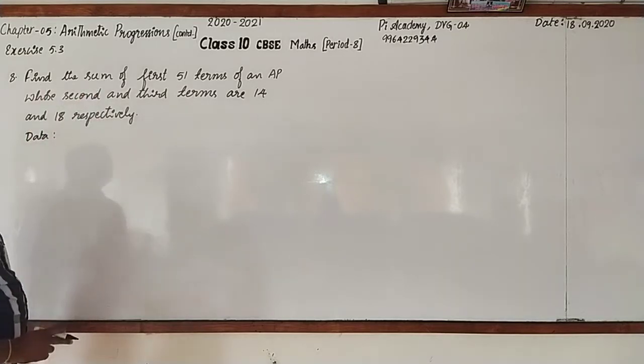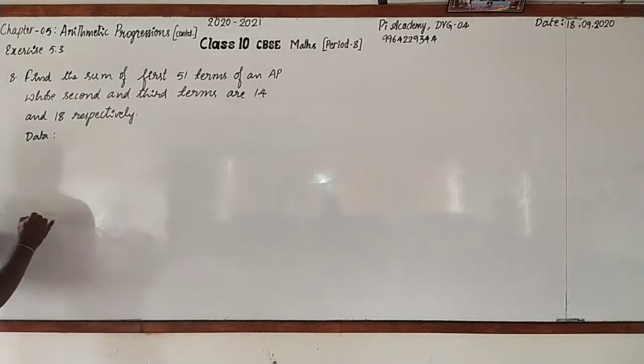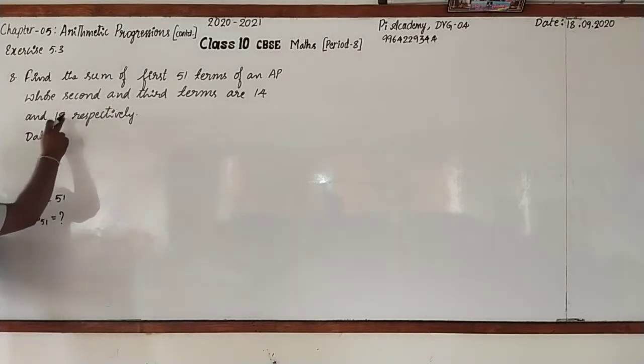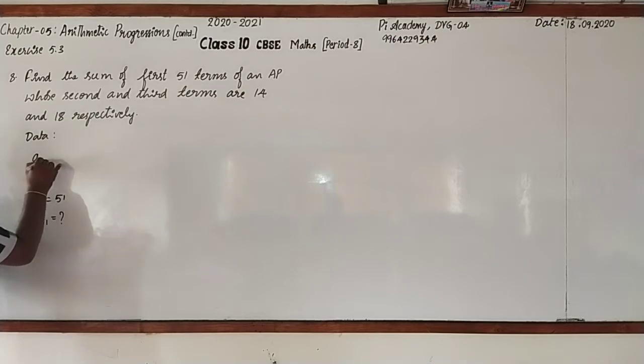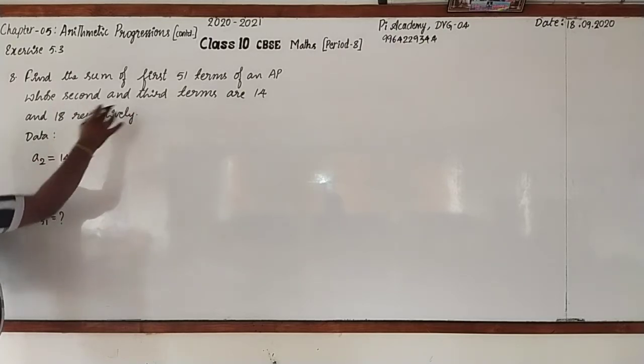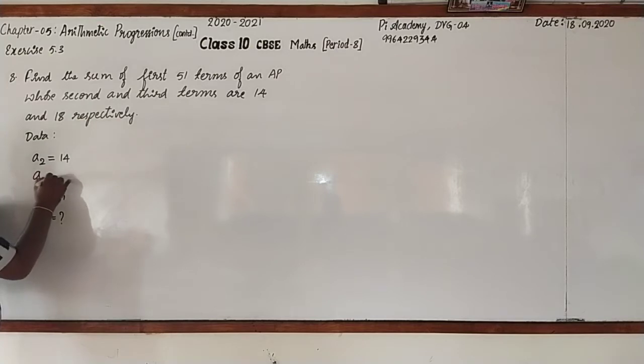Find the sum of first 51 terms, that is S51 is question mark, where 51 is number of terms whose second and third terms are 14 and 18. Second term, a2 is 14, and third term a3 is equal to 18.